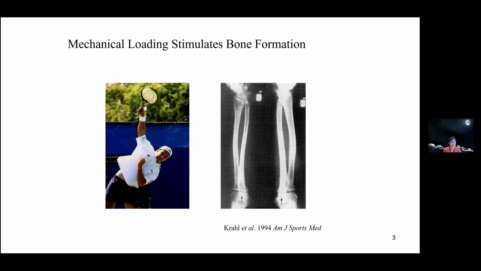Exercise can have impact on muscles, in general on your health, but most people don't realize it also has major impact on the bone structure. As you can see here, in the playing arm of a tennis player, the bone is much denser and larger compared to the bone in the non-playing arm, indicating that mechanical loading can stimulate bone formation.